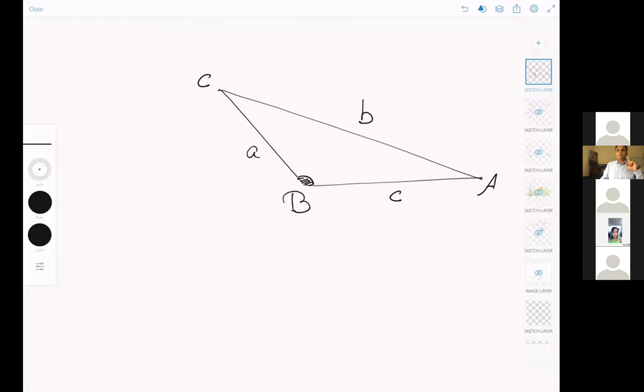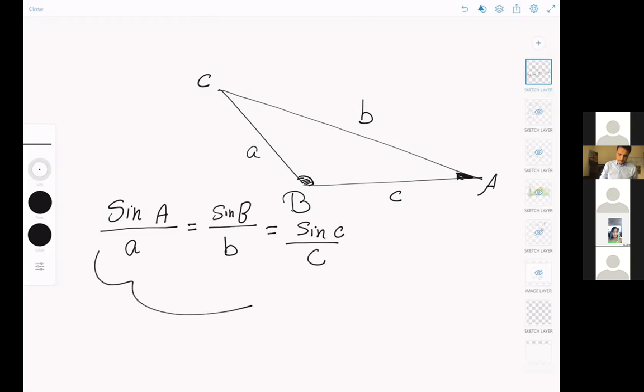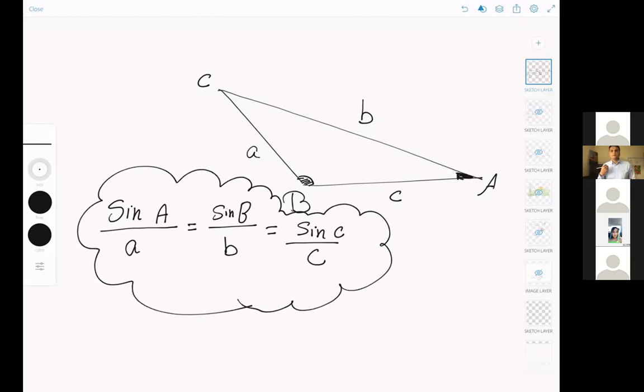Then we learn a law called the law of sines. The law of sines says sine of A, the angle here, over the length of the side in front of it, A, is equal to sine of B over B, which is equal to sine of C over C. This is one of the beautiful formulas to use for any type of triangle.